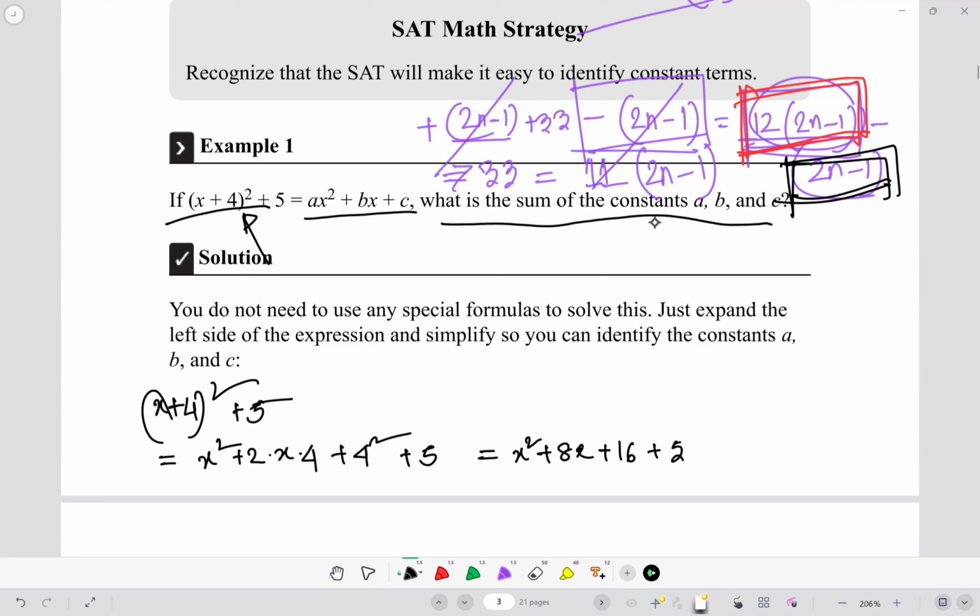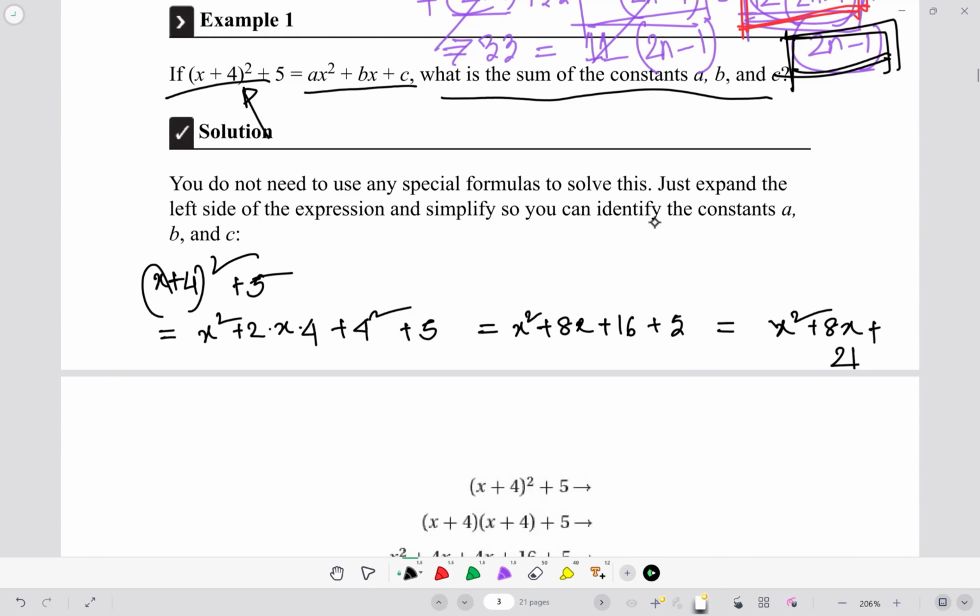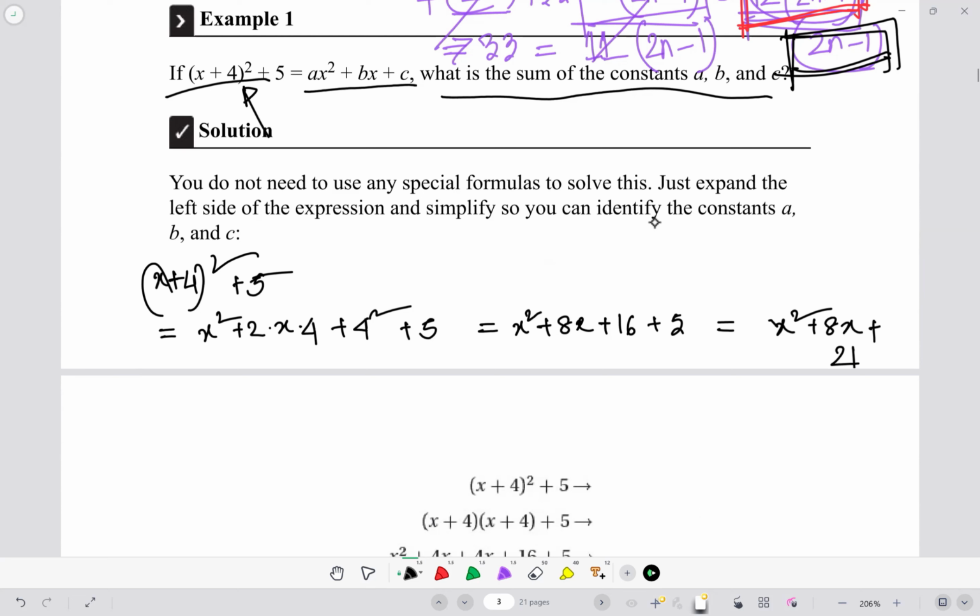So it is going to be x squared plus 8x plus 21, because 16 plus 5 equals 21. Okay, x squared plus 8x plus 21.